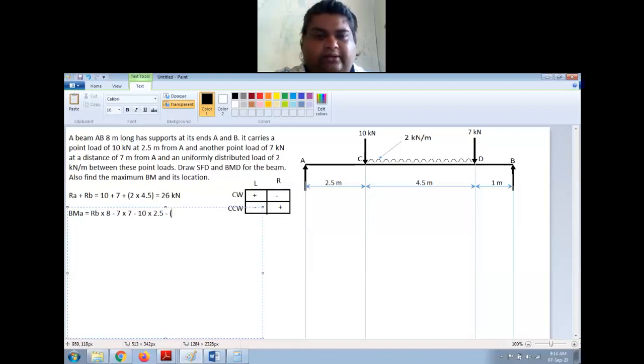So I will write like this: 2 into 4.5, that is the total load, and I am assuming that this load is acting at the center of gravity or the midpoint of CD, right? So I am taking moment about A, so I have to write like this: 2.5 plus 4.5 by 2. Any question on this? How we took the moment?